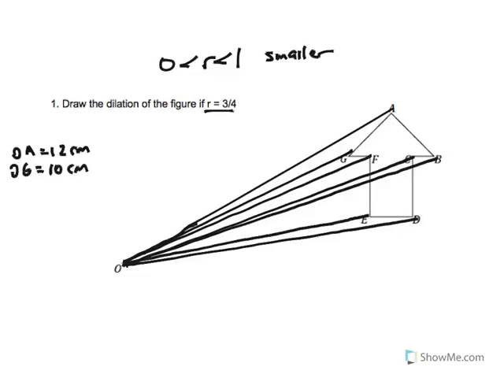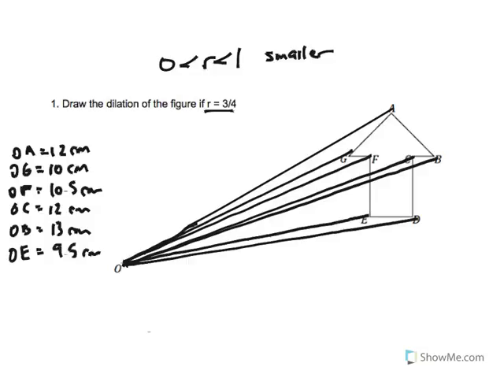From O to F, 10.5. From O to C, 12 centimeters. From O to B, it's 13. From O to E, it's 9.5. And then from O to D, it's 11.5.